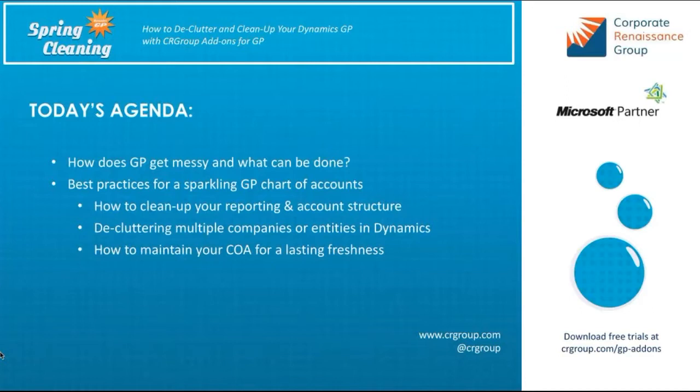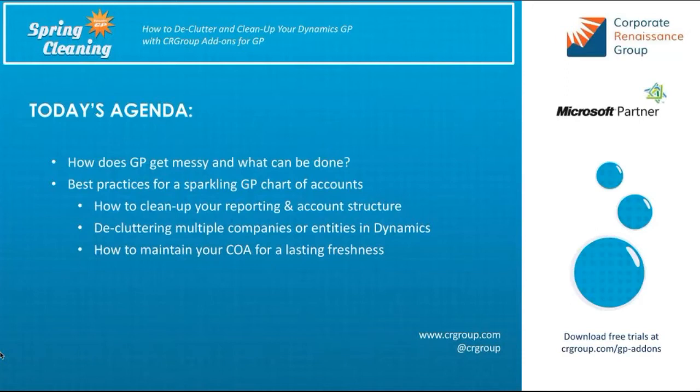In terms of today's agenda, we're going to talk a little bit about GP and how it gets messy. That's probably not one we need to spend a lot of time on, because I'm sure those of you attending have that in the back of your head already, but we'll share some common reasons we've seen over the years. More importantly, we're going to talk about setting up a chart of accounts so that it works and is effective.